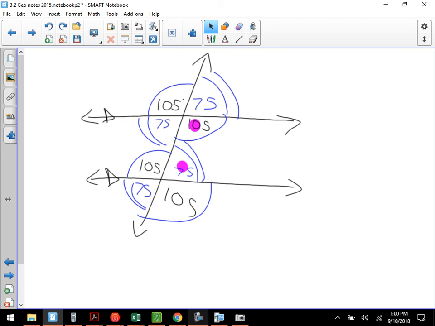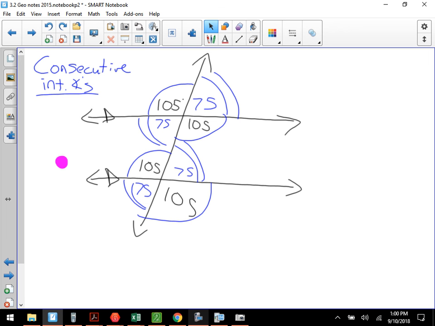So those are called consecutive interior. This is the last one, I promise.